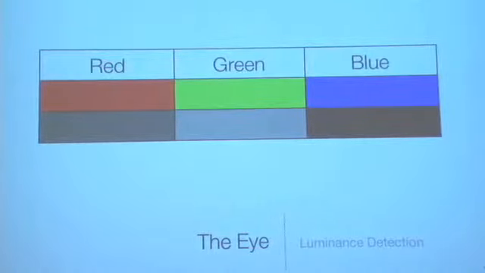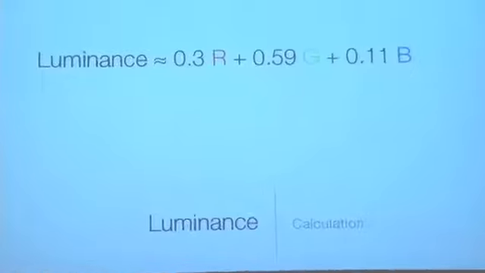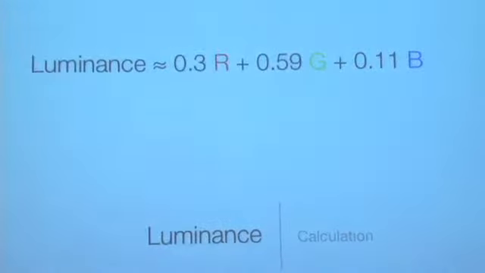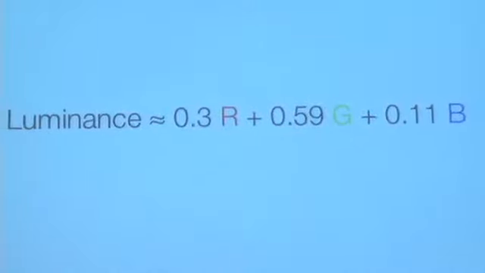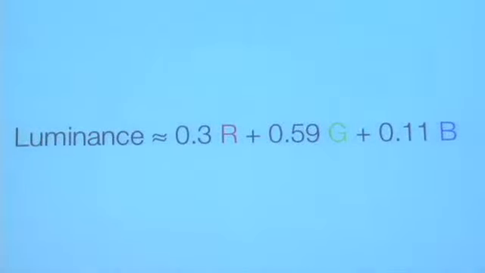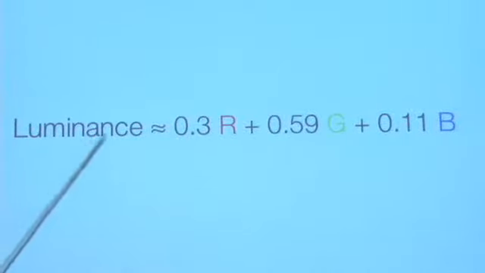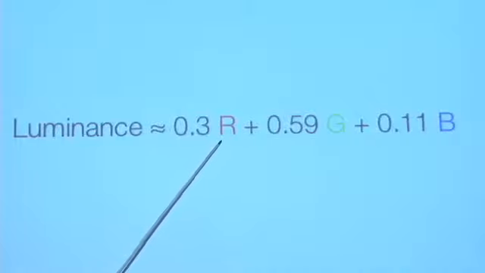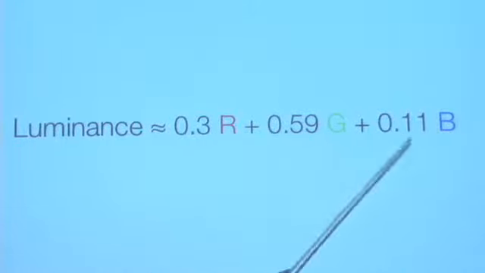And we can actually quantify this into an equation. And in fact, that is what we do when we're talking about luminance. Yes, it's funny because there are more equations here, but this is important to us when we are calculating a luminance histogram. So a luminance value is made up of 30% red, about 60% green, and about 10% blue.